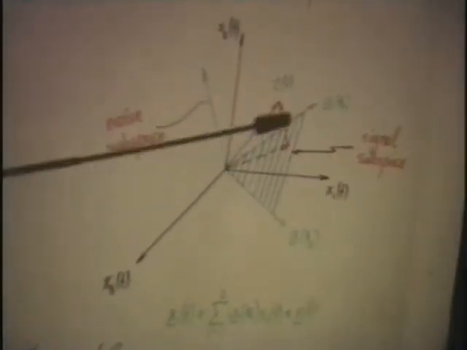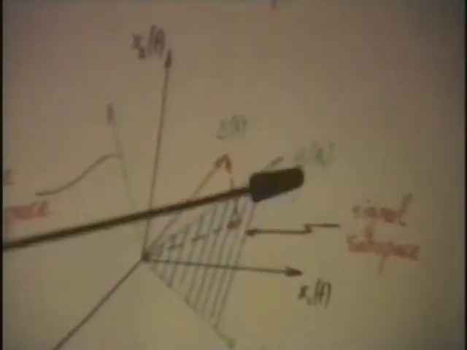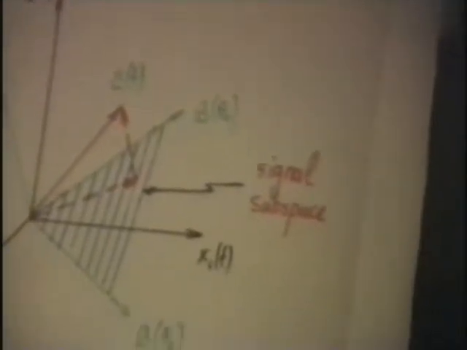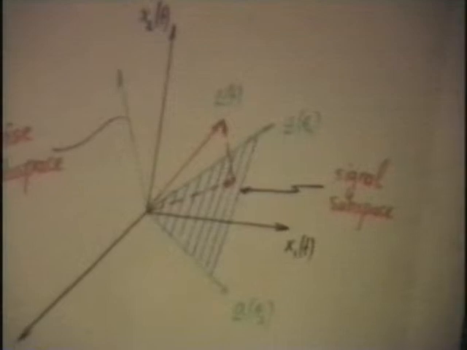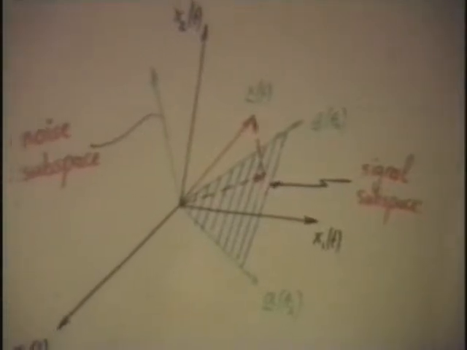And our vector x of t is some vector in this space. Suppose we have two sources. So we have three sensors and two sources. In this case, x of t is given by this expression. Ignore the noise for the time being.